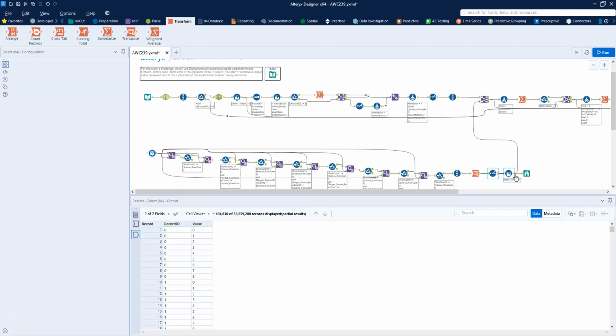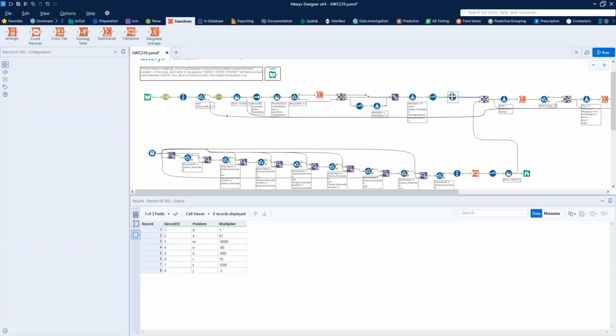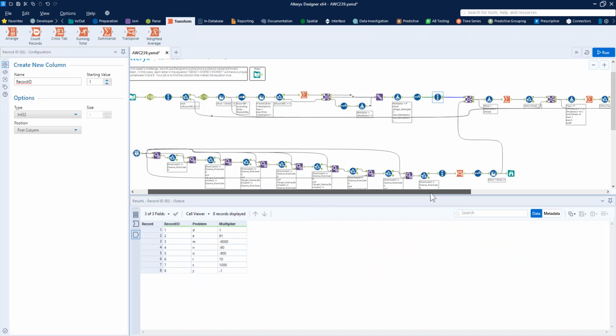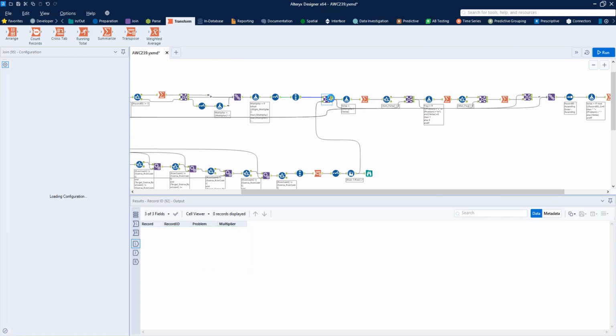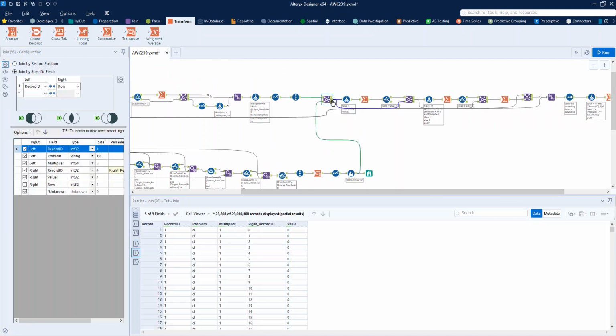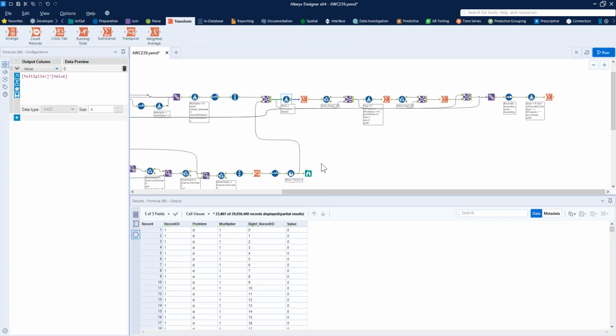So we do that, and then we number these from 1 to 9 as well, so that we can join them up to this record ID up here, all the different possible solutions that it could be. Again, horrible brute force, and we get back 29 million rows. That doesn't seem right to me, but it works in the end, so we're just going with it.